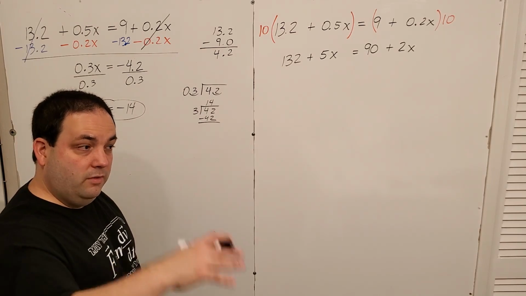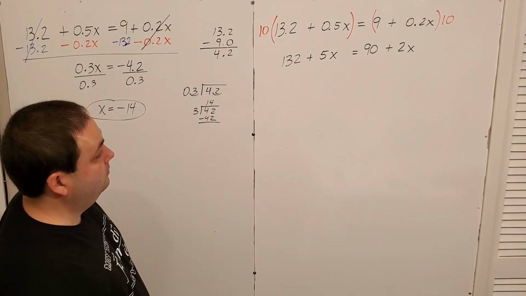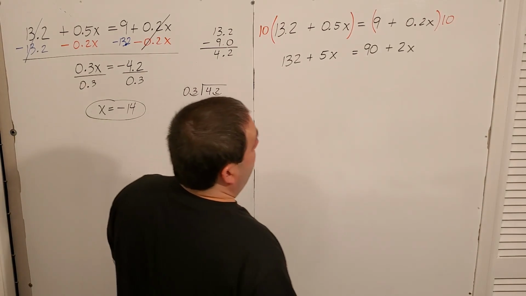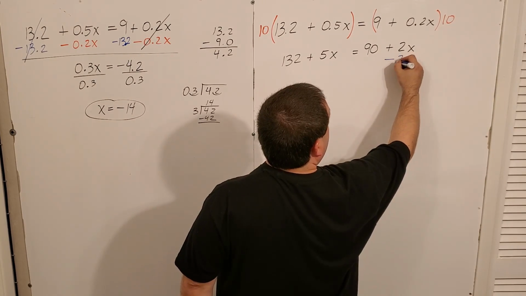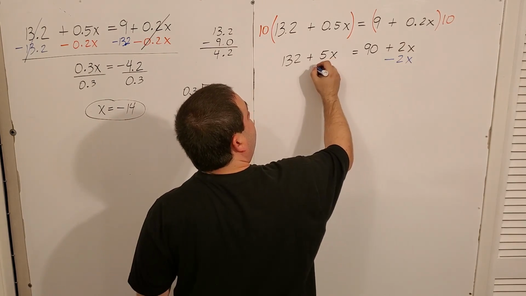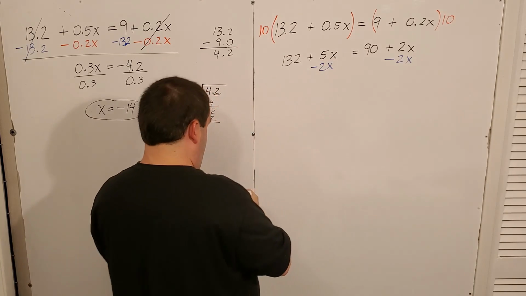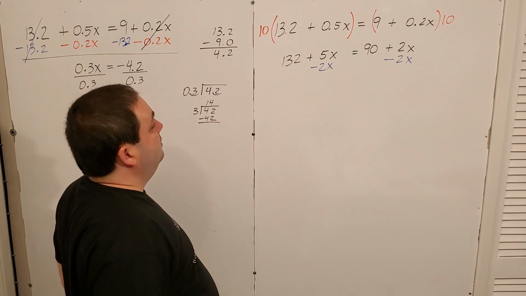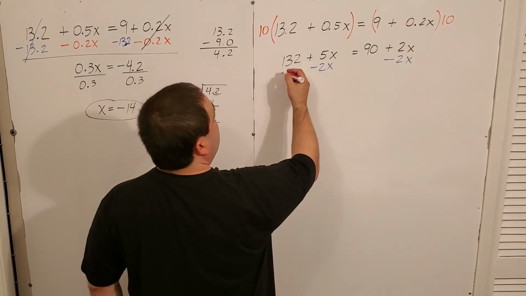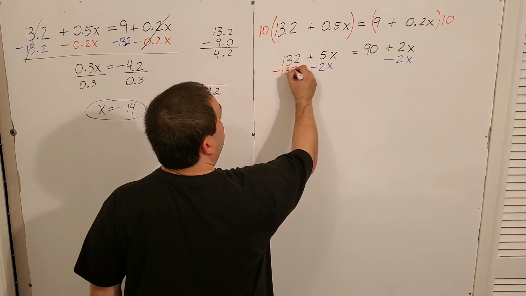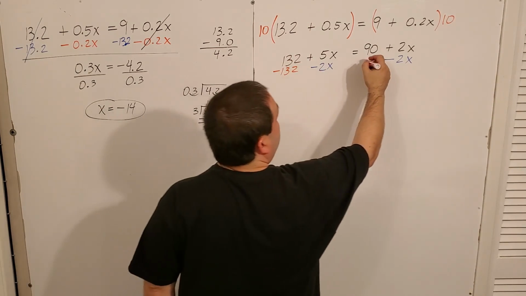It just moves the value of the decimal point, right? So again, I like my letters on the left, so I'll be subtracting the 2 here to get rid of that one. And I'll be subtracting the 132 from the left-hand side to eliminate that one.